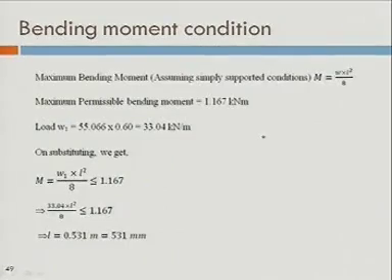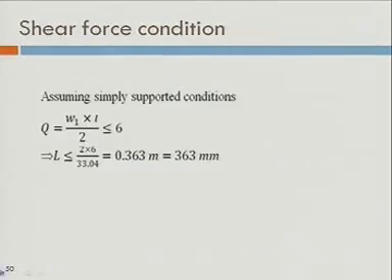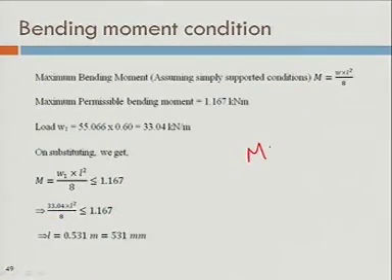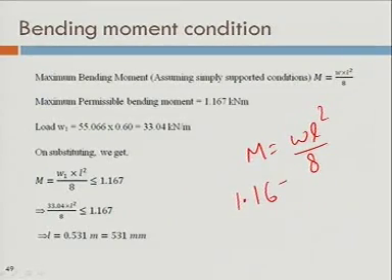So here you can take M as WL square by 8 because this is simply supported condition. Maximum permissible bending moment is 1.167 kilonewton meter.